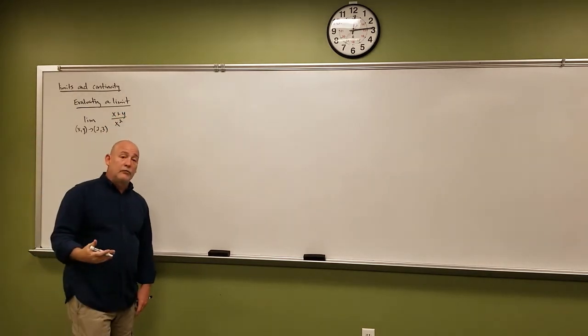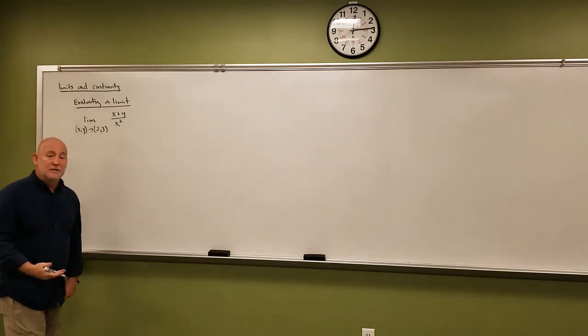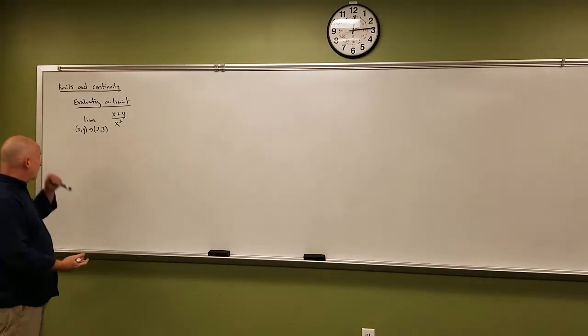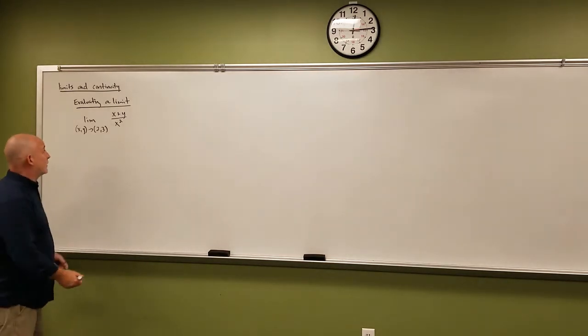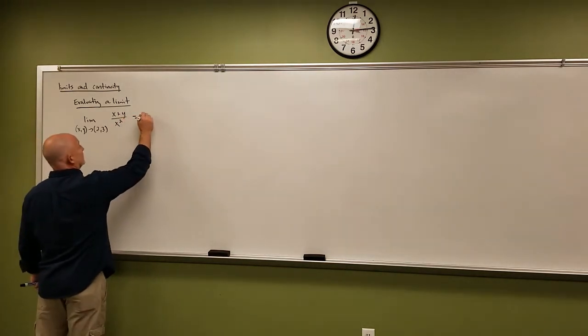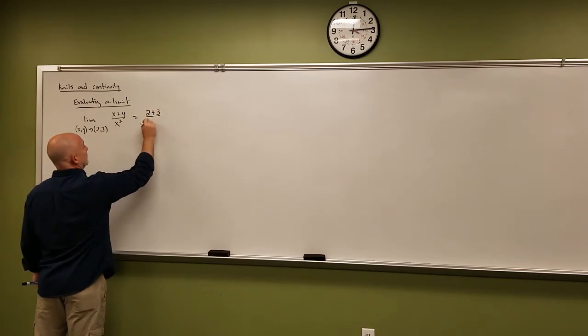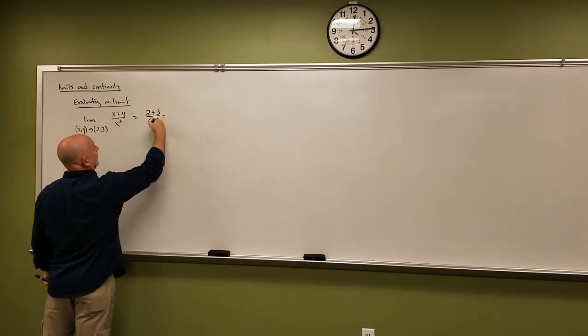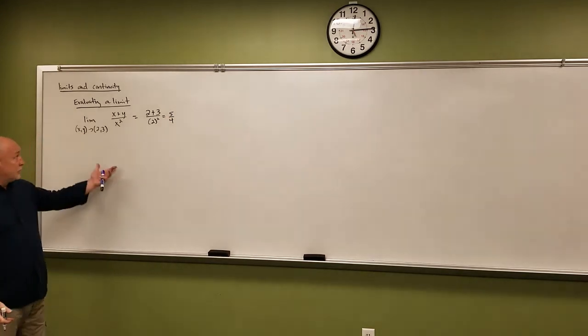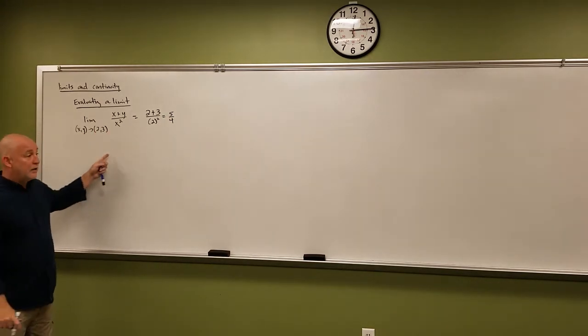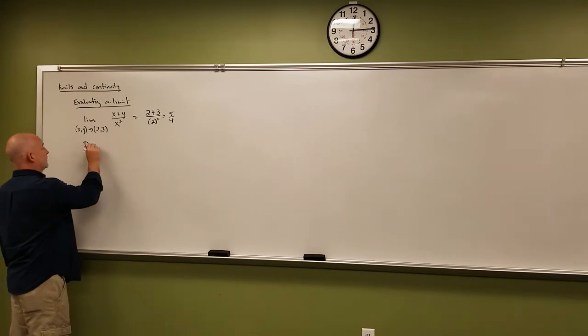Well, here's the great news. Exactly the same way you would have done this in Calc 1. In Calc 1, you always do direct substitution first. So if we try direct substitution, that's 2 plus 3 over 2 squared, 5/4. If you get a number out, you're good, you're done. So you always want to try direct substitution first.